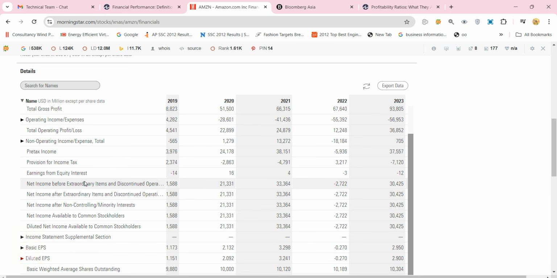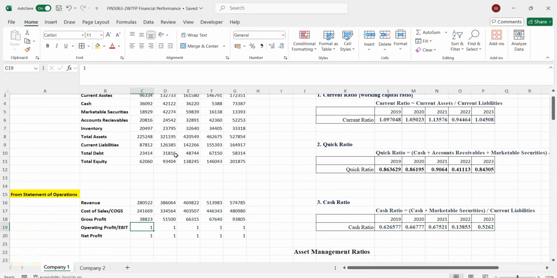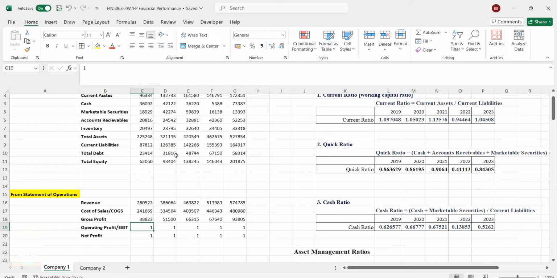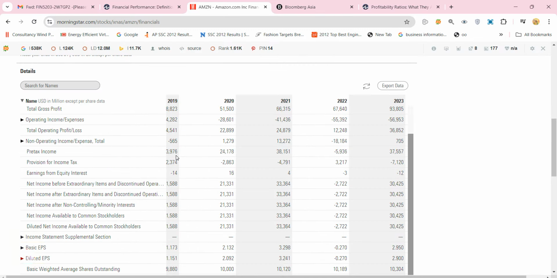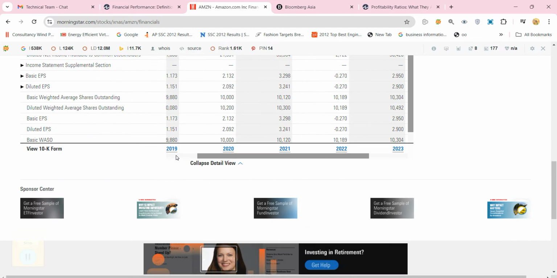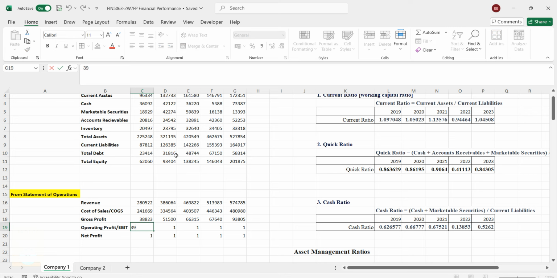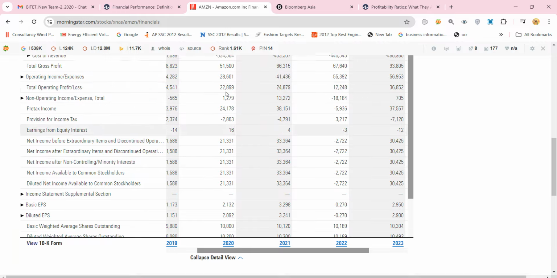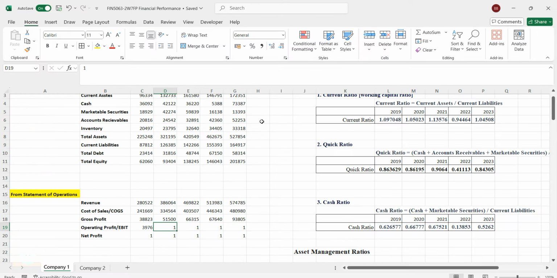Let's calculate it. Pre-tax income 3976. Next it is 24,178. Next it is 38,151.